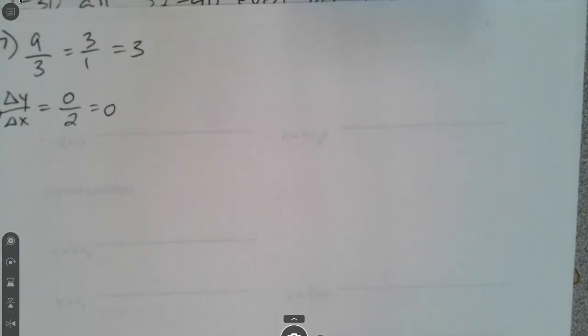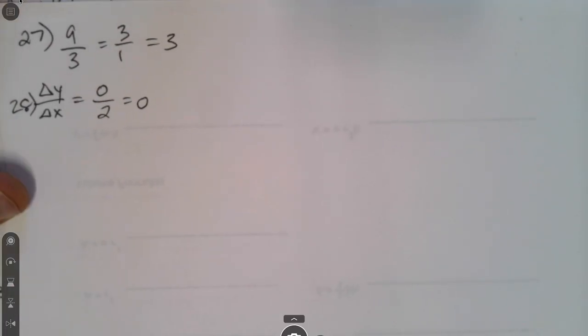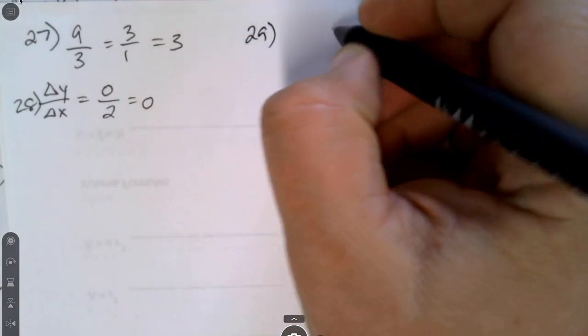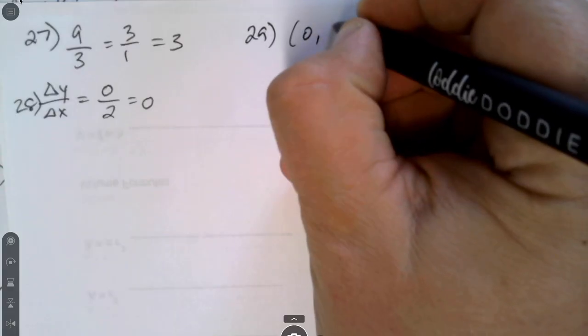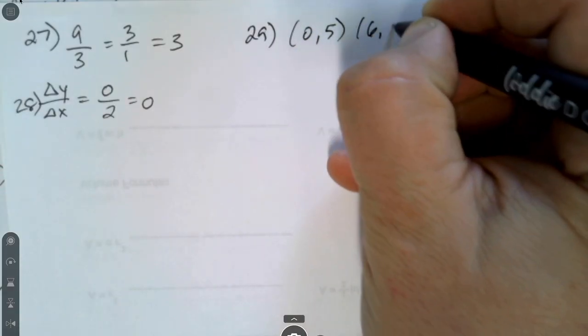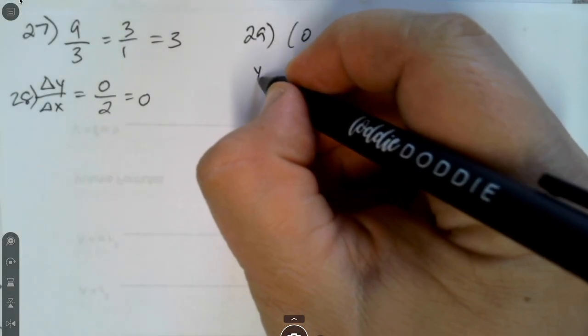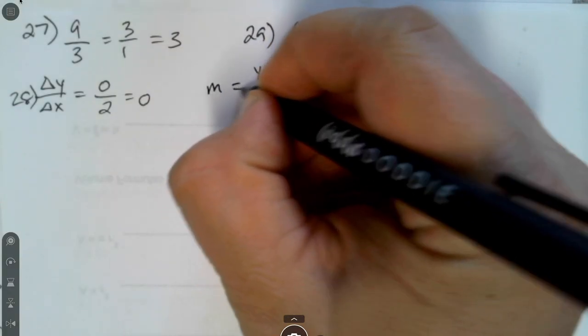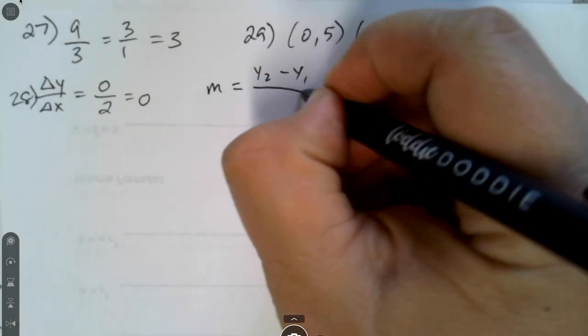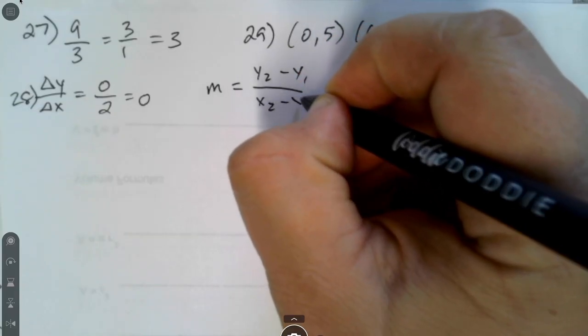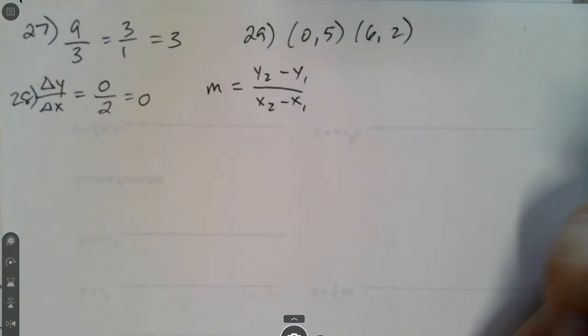Okay, still dealing with slope. 29 asks us to find the slope between 2 points, and the 2 points are (0, 5) and (6, 2). So just a reminder that the slope formula is, let me write it this way, m equals y2 minus y1 over x2 minus x1.